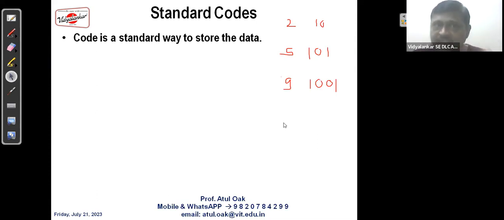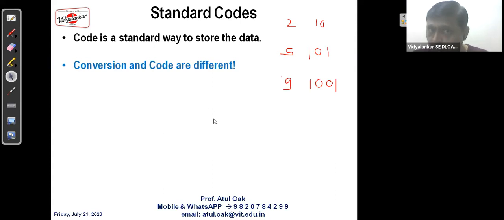That standardization is called code. I repeat again, please understand, conversion is different and code is different. Conversion is what we did, a small algorithm that we apply.